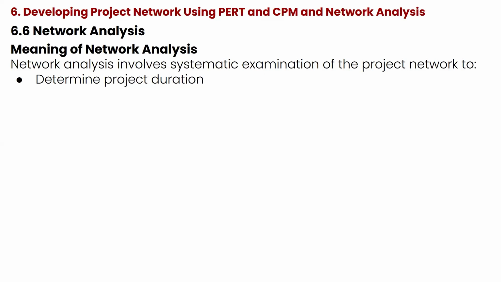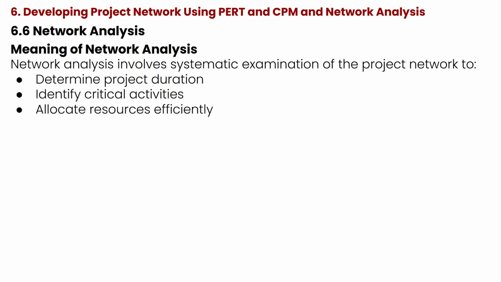You get that through this analysis. You also identify critical activities using network analysis. You'll be able to allocate resources efficiently. These are some of what network analysis can do for you, and also control project progress, to know how much progress we are making on a project.